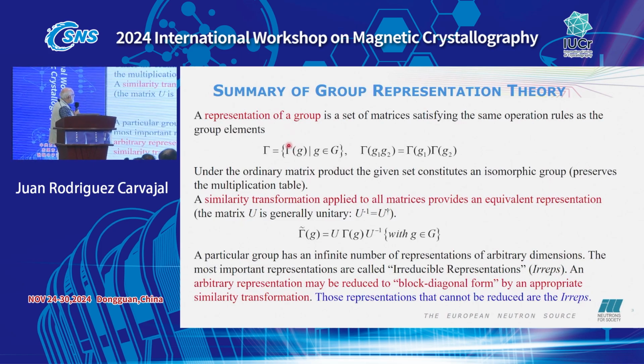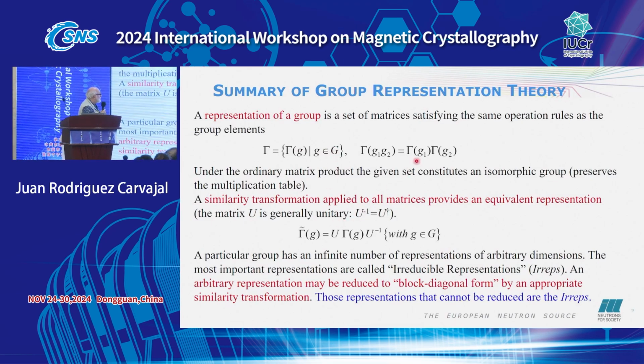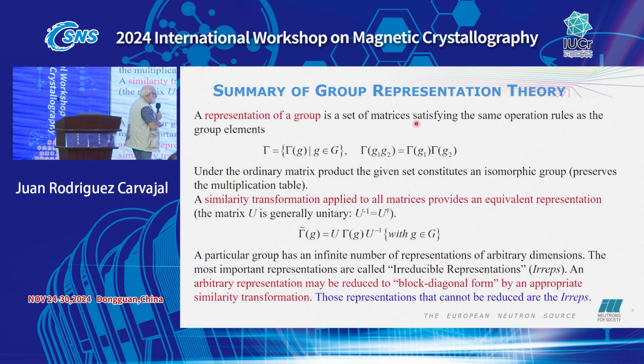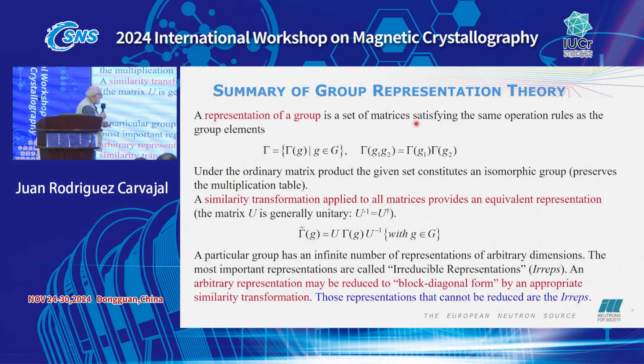We put Γ(G), being G an element of a group. And then this is the important definition of representation: the matrix of the product of two elements of the group is the product of the matrices of the corresponding elements.